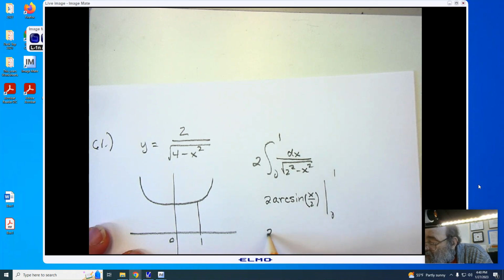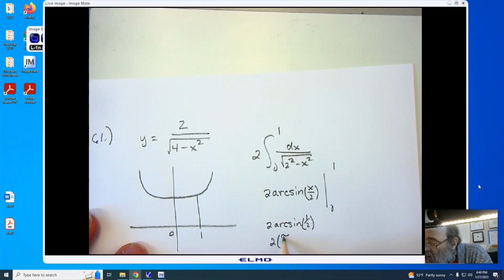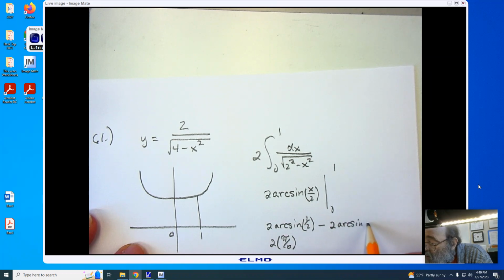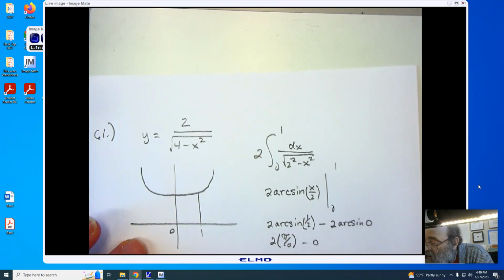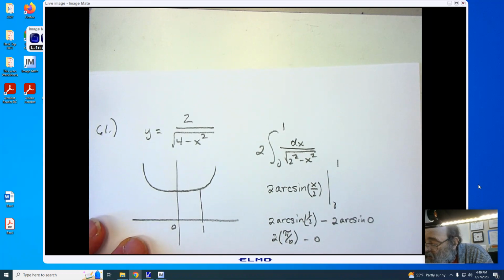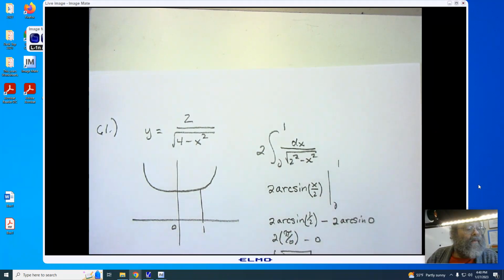Plugging in the 1, I have 2 arcsine of 1/2. That's giving me 2 times pi over 6 minus 2 arcsine of 0, and that's 0. And my answer is pi over 3 for number 61.